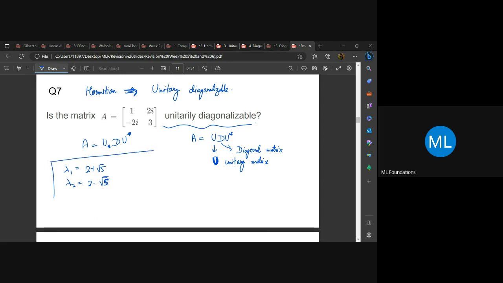And corresponding to these eigenvalues, you have the eigenvectors to be root 5 i, minus i by 2, and you have root 5 i, minus i by... sorry, just check this.